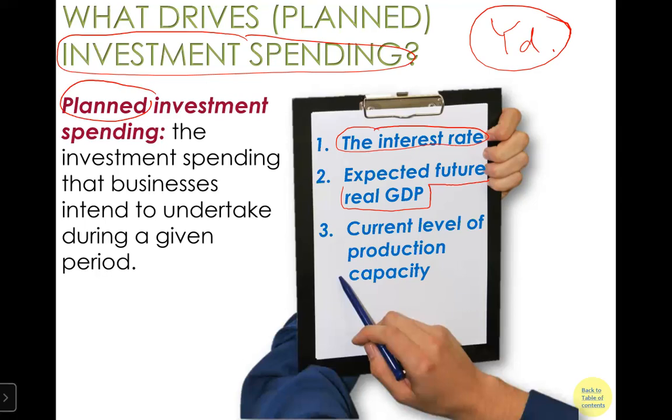So you are forward looking. You have expectations regarding the economy, based on the interest rate, the expected future real GDP, and the current level of production capacity. So you have a plan regarding how much investment you want to do.